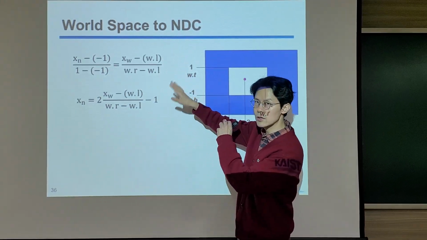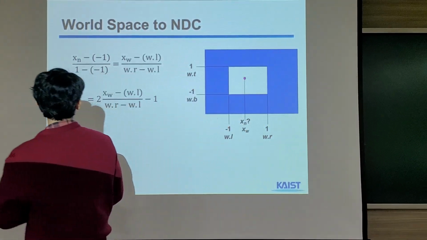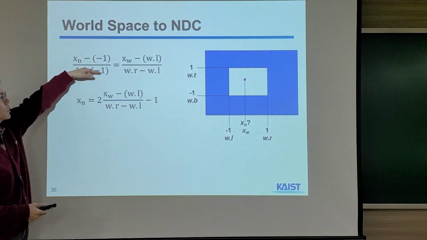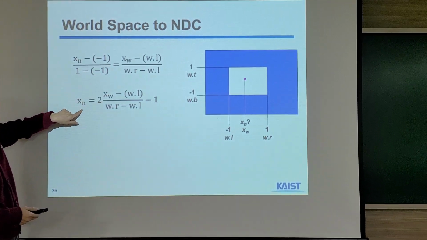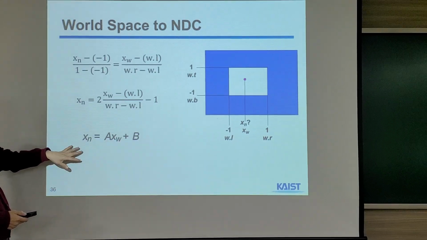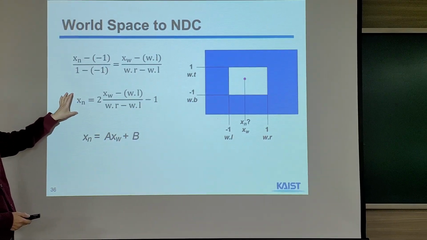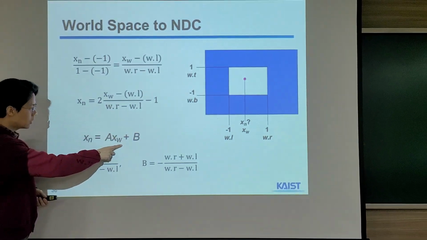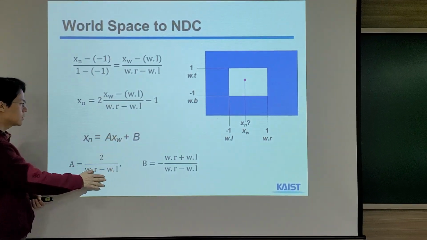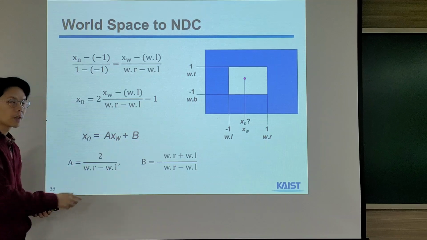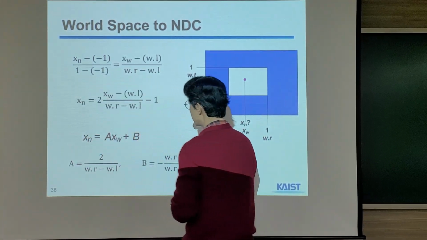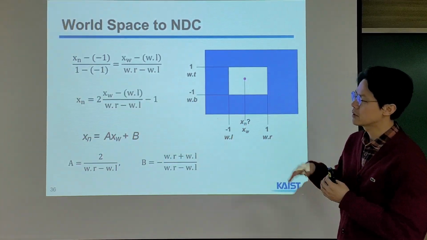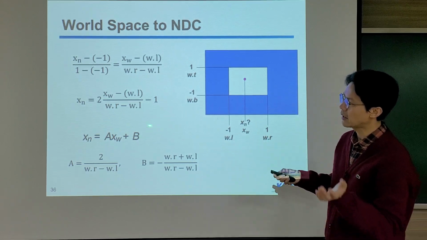Then if we reformulate, we can get this information. If we put in XW, then we get XN, right? Also, if we look at this equation, we multiply a by the world coordinate, then just add this term, right? So you can see that in the end, it's a very simple structure. Given the world coordinate, we multiply by something and add something.